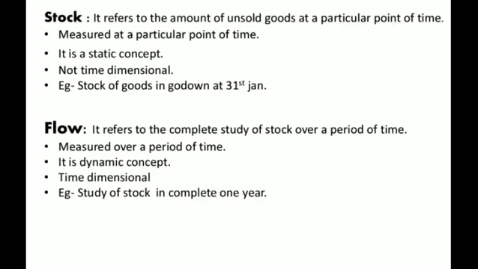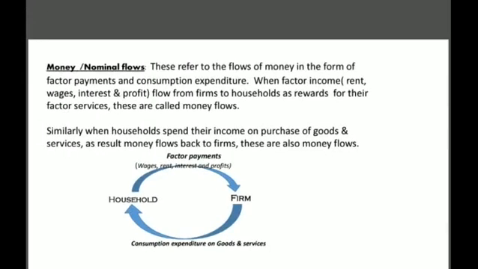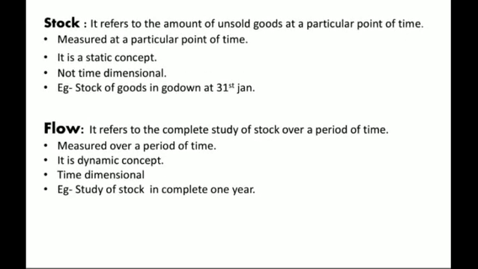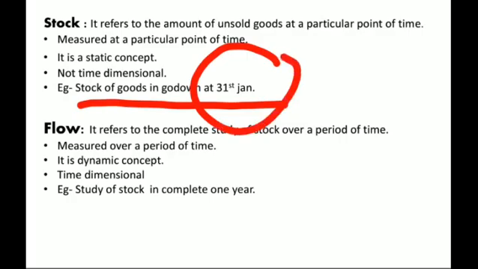And what is the example here? As I've given earlier also, the stock of goods in the godown at 31st Jan. So I'm not talking about 8 o'clock, but about a particular day, 31st Jan: how many packets of biscuits are there in our godown. So this is an example.